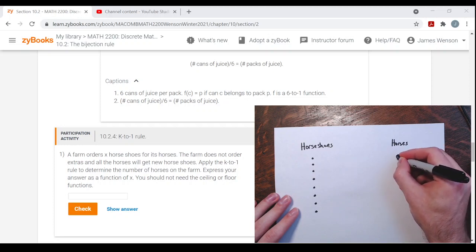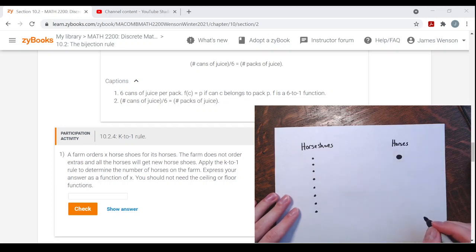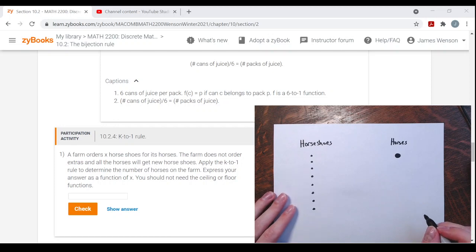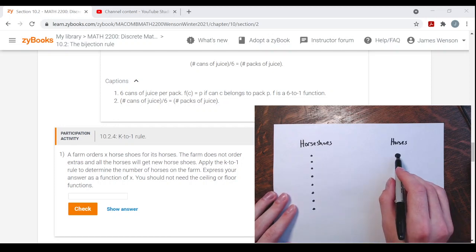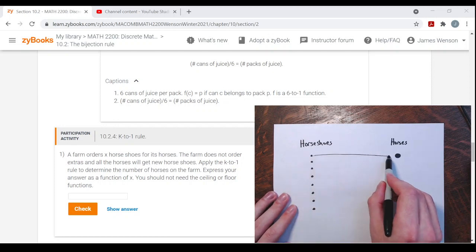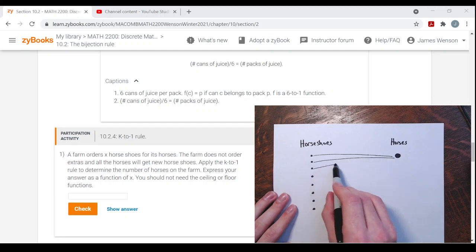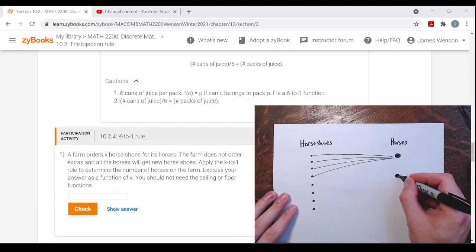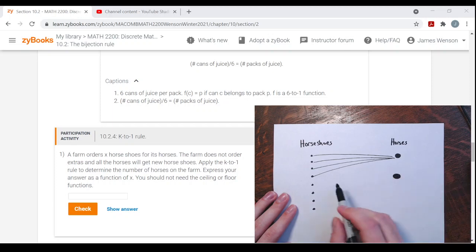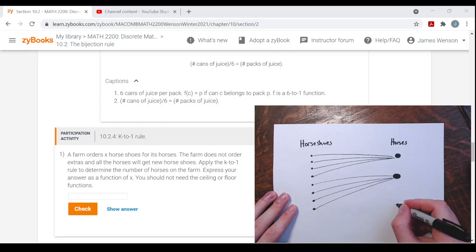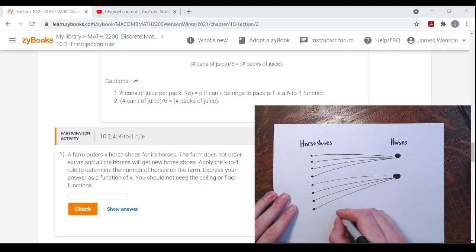I'll make it a little bigger so you know it's a horse. That's not a drawing of a horse or anything, but remember, every horse will have 4 horseshoes that go to it. And then this horse will have 4 horseshoes that go to it. And so on and so forth. This would be a 4-to-1 correspondence, or a 4-to-1 function.